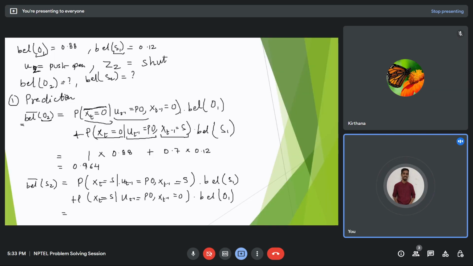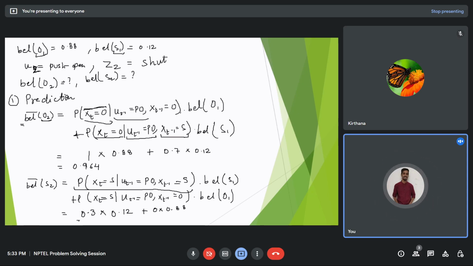There is no way it can be shut. So what do we have here? This was your 0.3, that you have tried to open the door and it was previously shut and it is still shut. So this is 0.12, plus 0 times 0.88.